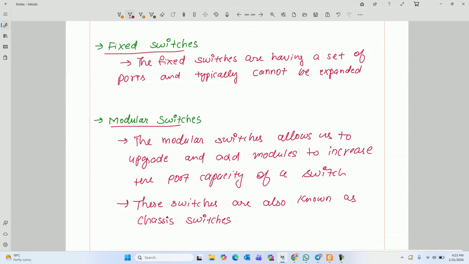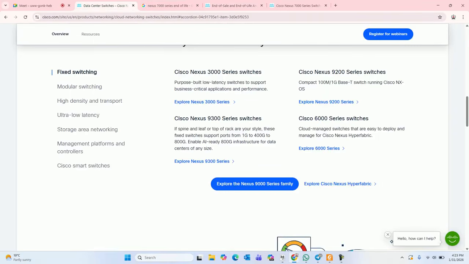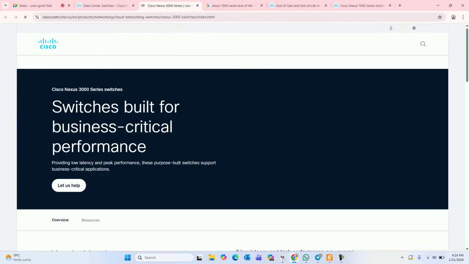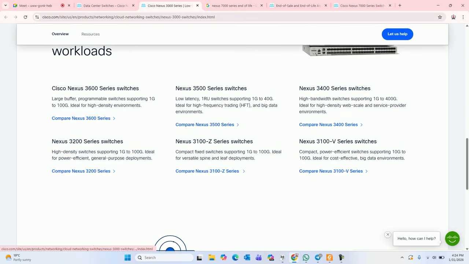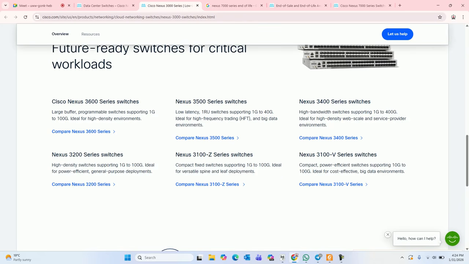That's the major difference. Now, if you look at the database of the Nexus here, the official website, data center switches, you see that we have the fixed switches. If you look at the fixed switches, let's say Nexus 3000 series switches, we'll talk about their components also. In the 3000 series, we have Nexus 3600, 35, 34, 32, 31, and 3100 virtual switches.